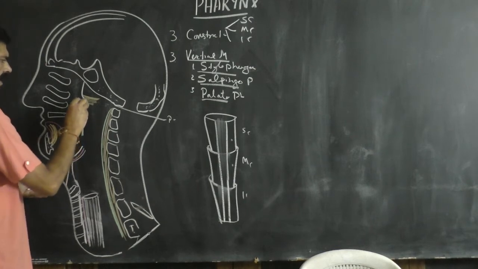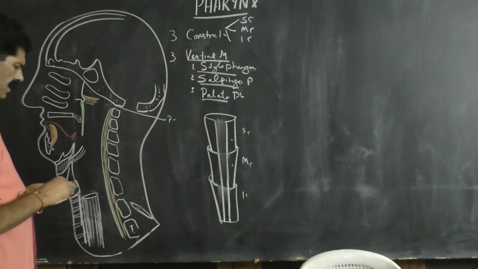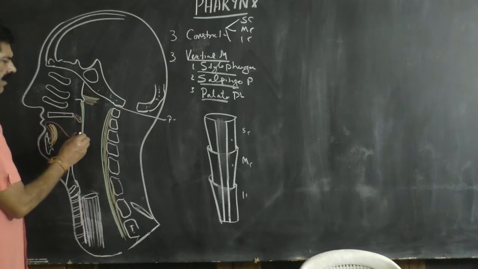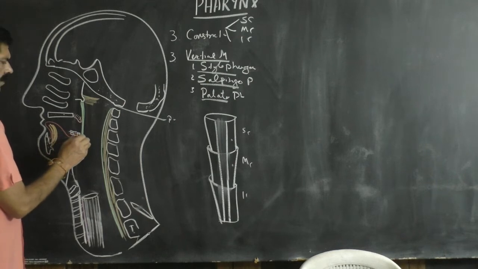So this pterygomandibular raphe is a musculotendinous thickening, superiorly attached to the pterygoid hamulus of the medial pterygoid plate, and inferiorly it is attached to the mandible, the area behind the last molar tooth. Last molar tooth is the attachment.